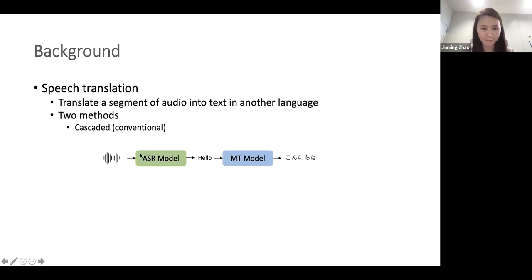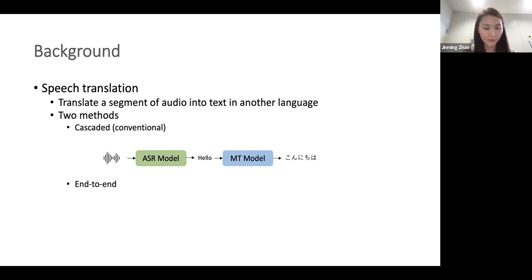This model converts speech to text in the same language. Following that, people train an MT model. MT stands for machine translation. This model translates the source sequence to the target sequence. Although this method has been popular for decades, it suffers from the problems of error propagation and high latency.